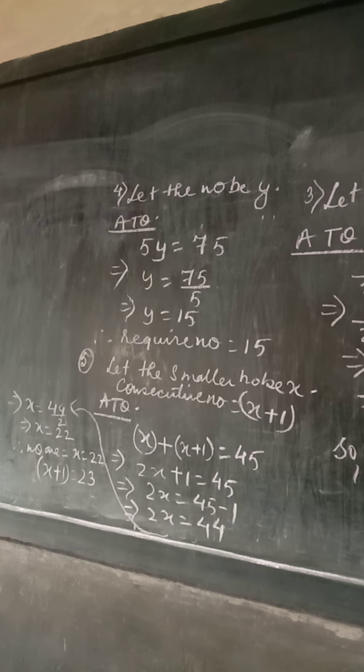Now question number 6 says cut a ribbon of length 44 cm into two parts such that one part is 3 times the other. Find the measure of the two parts.